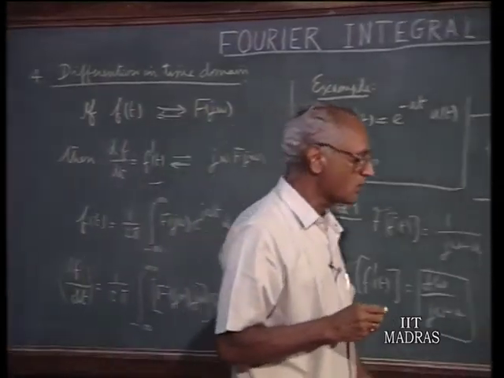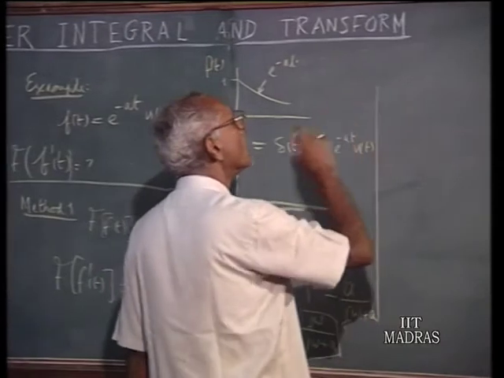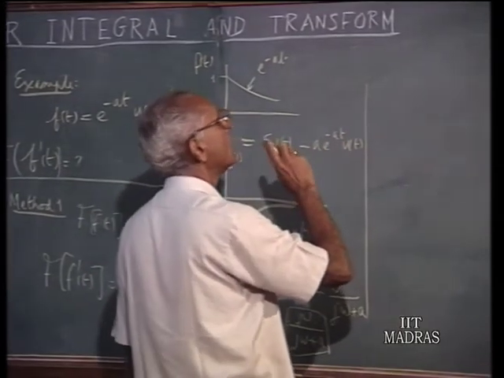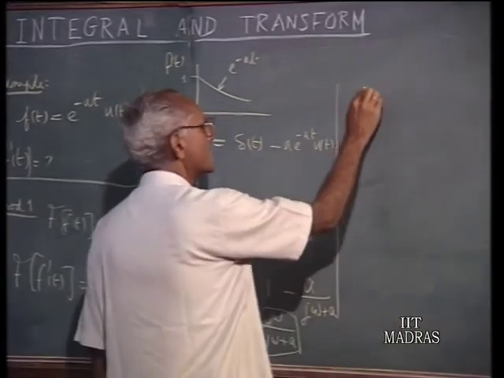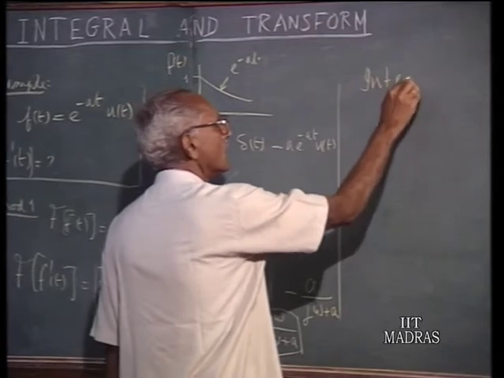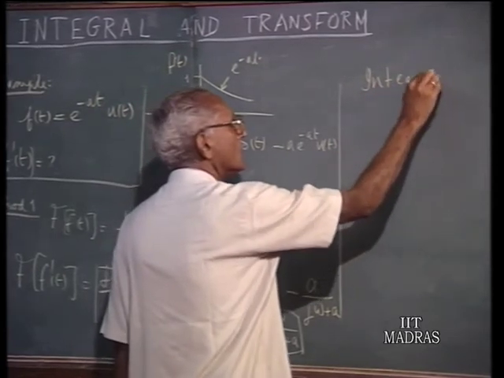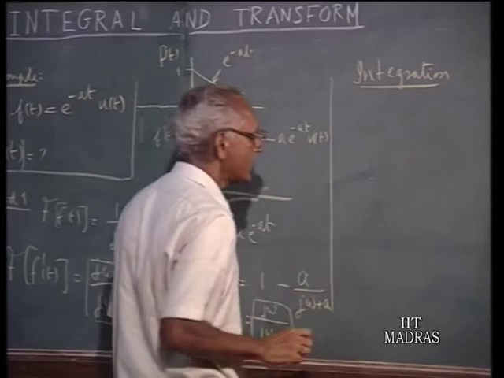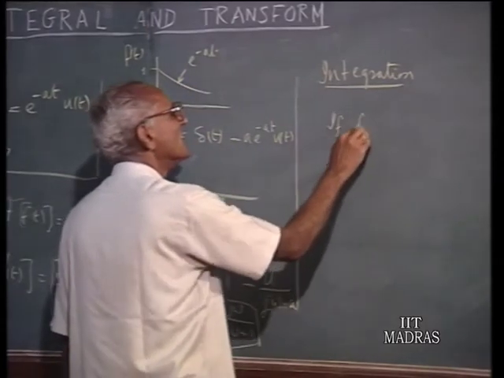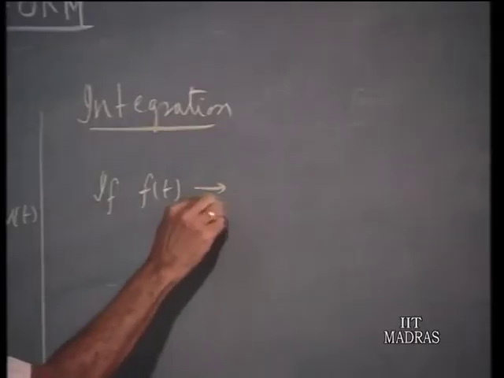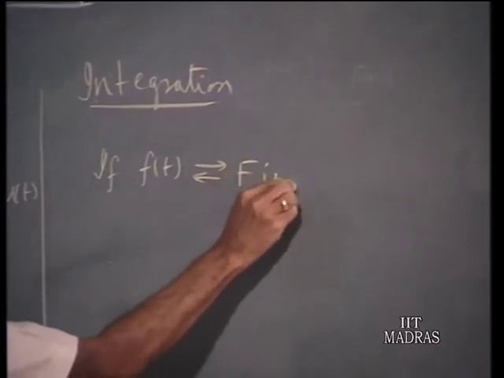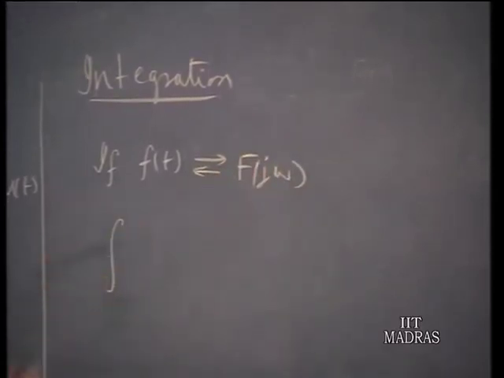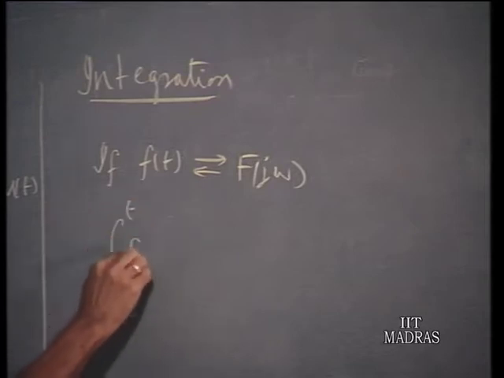In other words, what we would like to point out, and postpone the discussion to a later stage, is integration. If f of t has a Fourier transform F of j omega, then integration must also fix the limits from minus infinity to t of f of t dt.